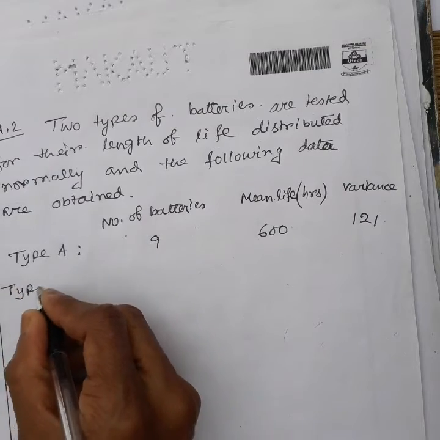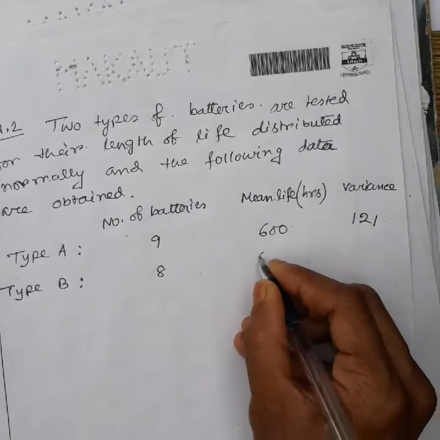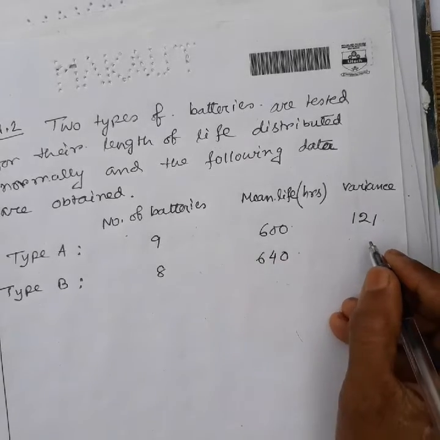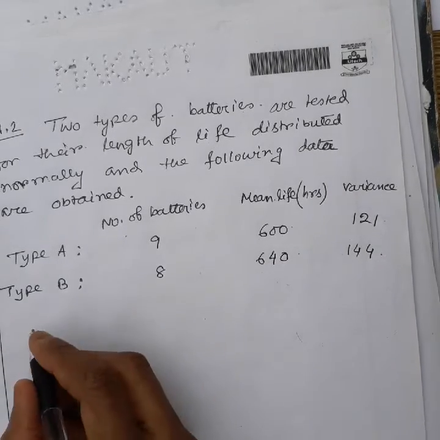And for type B, number of batteries is 8, mean life is 640, and variance is 144.